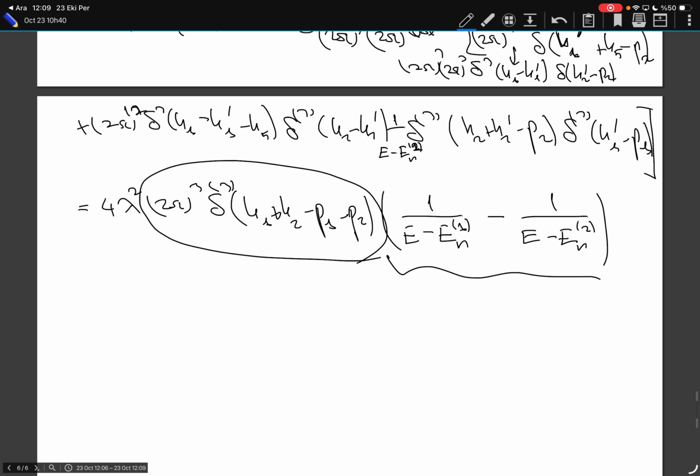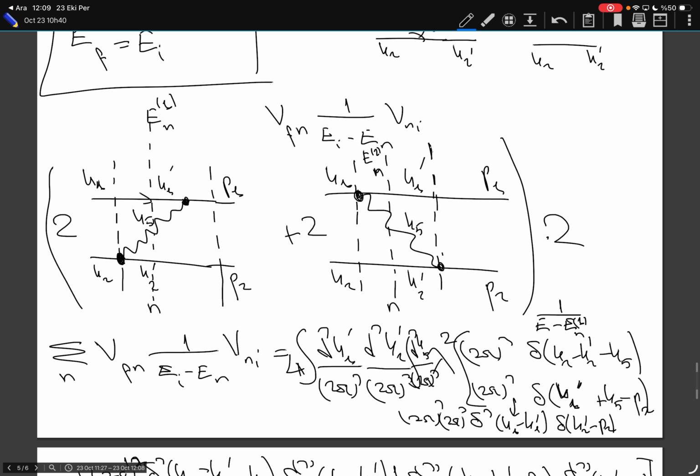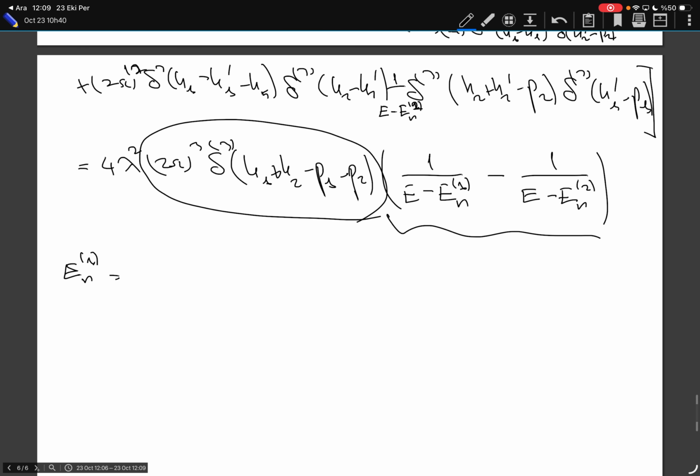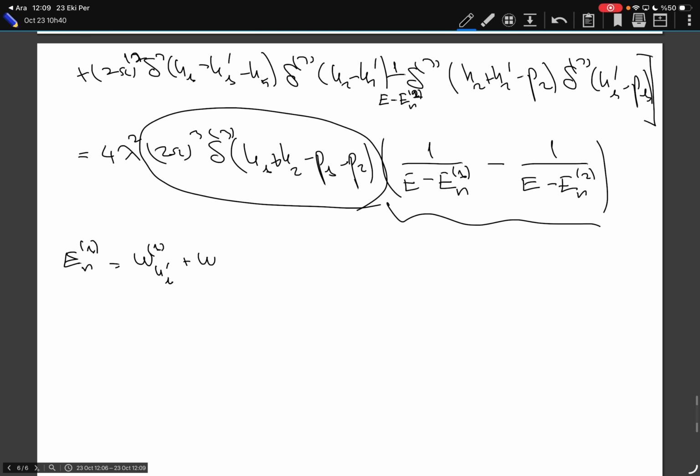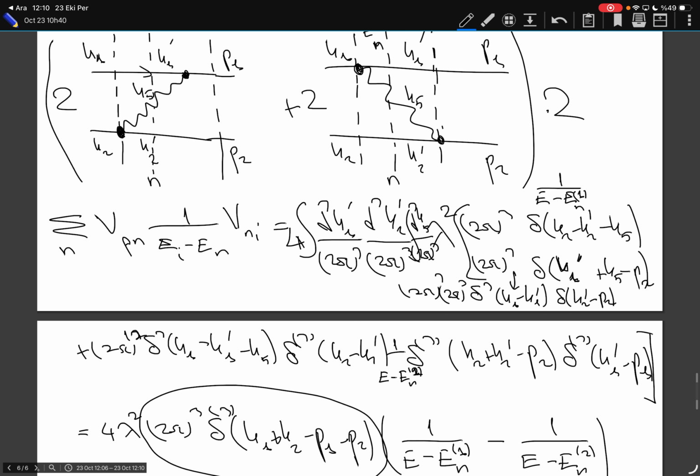Now let me look at what En1 is. En1 is equal to, well, I have momentum k1 prime, k5, and k2. This is for the first kind of particle, omega k2 prime. Well, k1 prime is actually k1 because of the Dirac deltas. So that is omega k1. Omega k5. And then I have here omega p2.